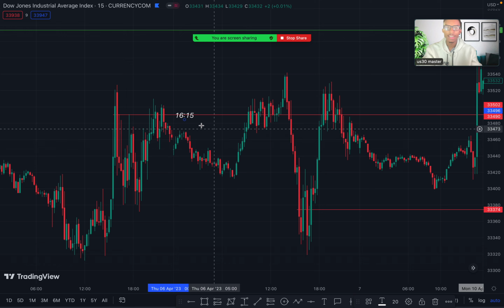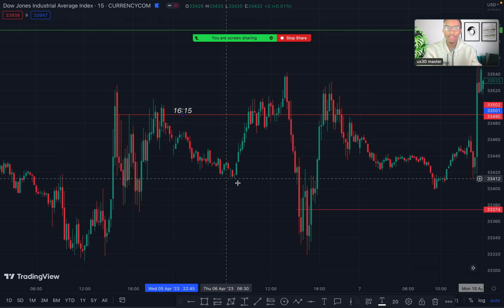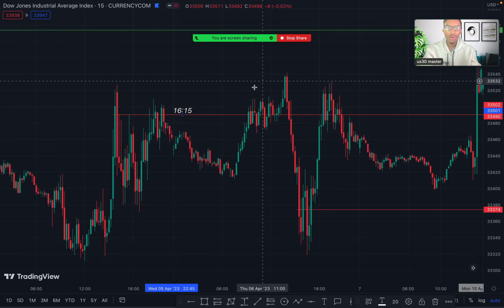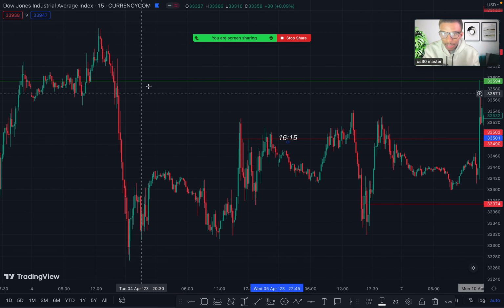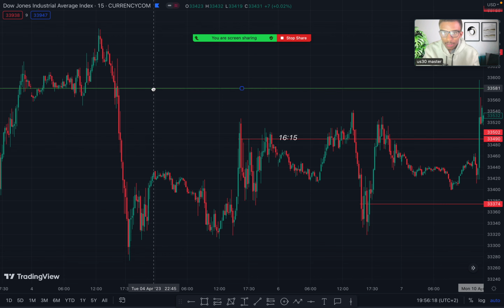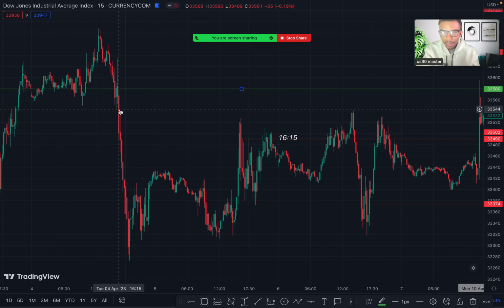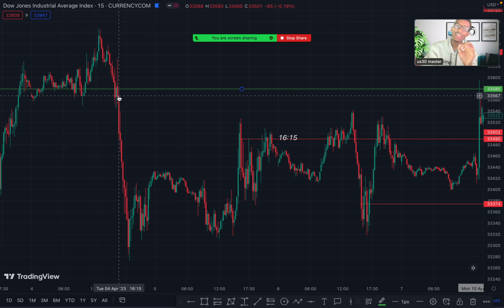1615 worked again as a support that took it down, but we saw it break, and it broke way too much. I don't know if here it's 1615 or what. Yes, it's 1615 here. I said if it's a red candlestick, we take the high of the wick, and that's going to be a support.